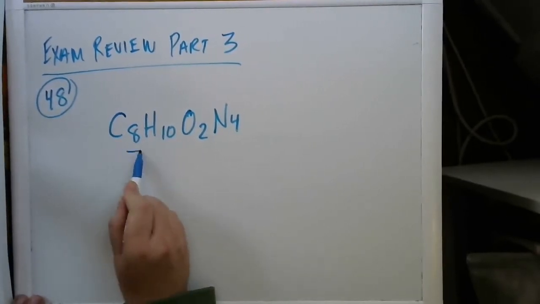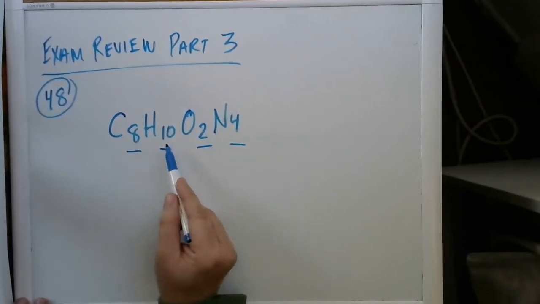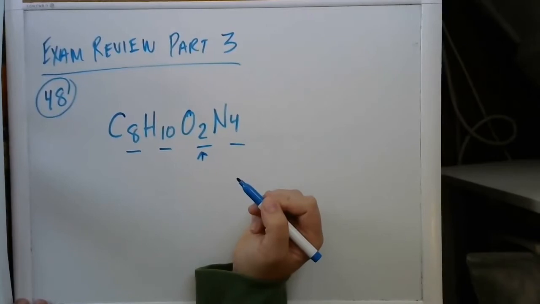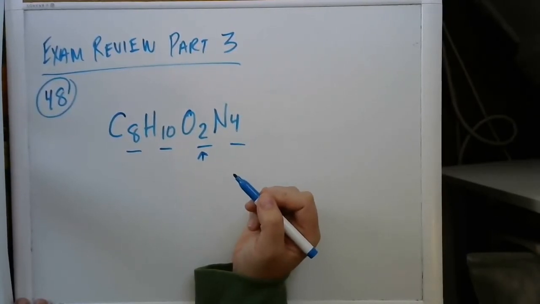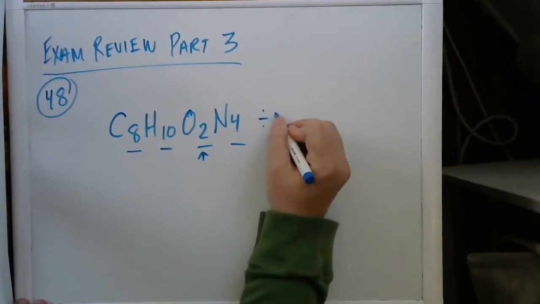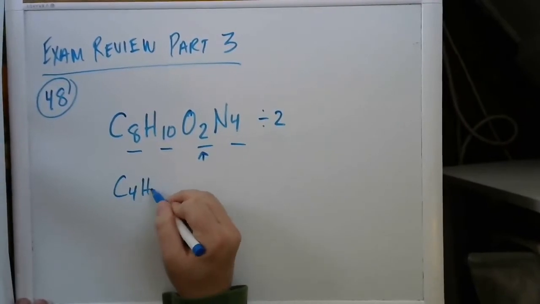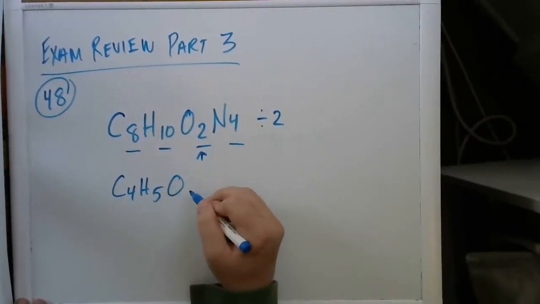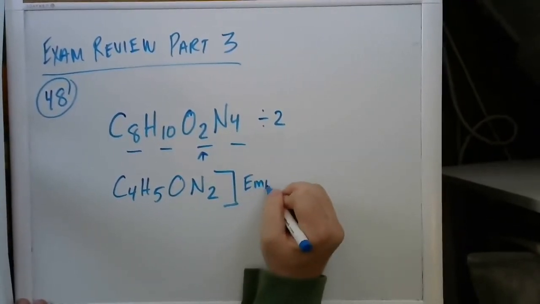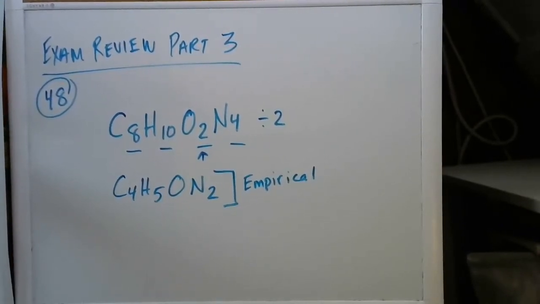So it's a formula that you should not be able to reduce by any variable. And we see here that each of these numbers is divisible by 2. That means that we can write a simplified version of this formula. If we divide all of these numbers by 2, we can rewrite this formula as C4H5ON2. And this is the empirical formula.